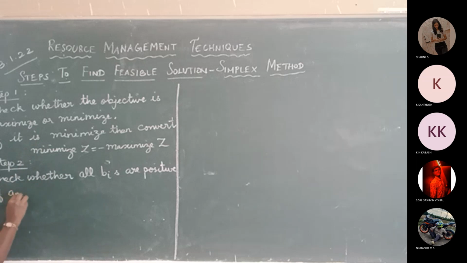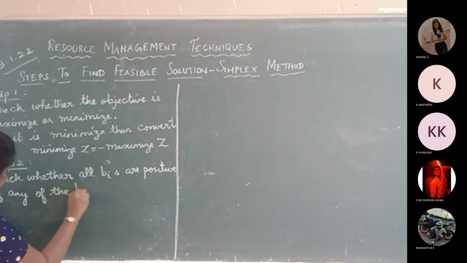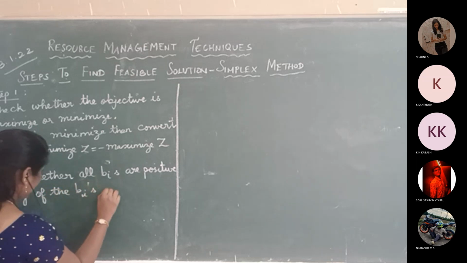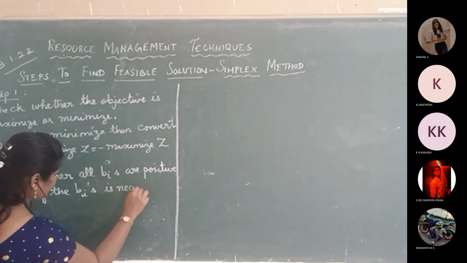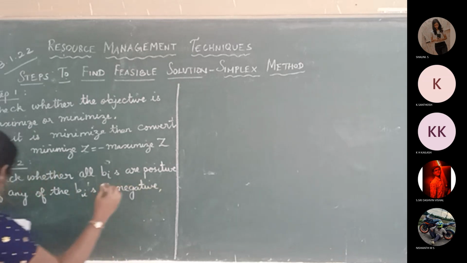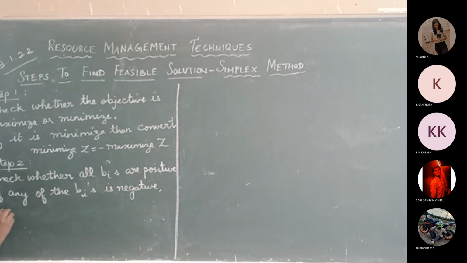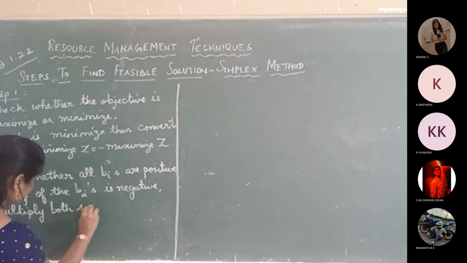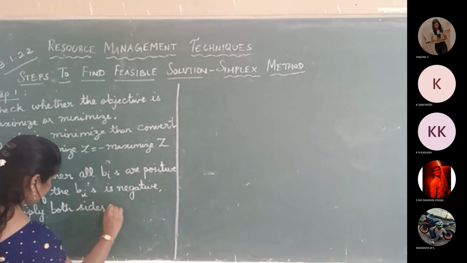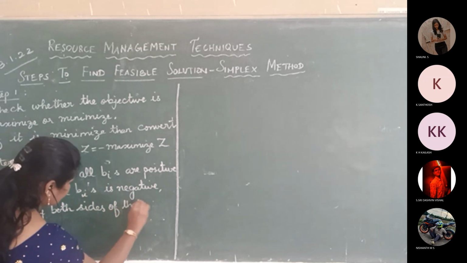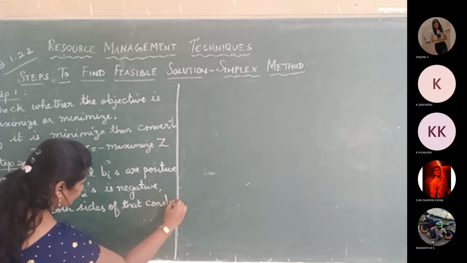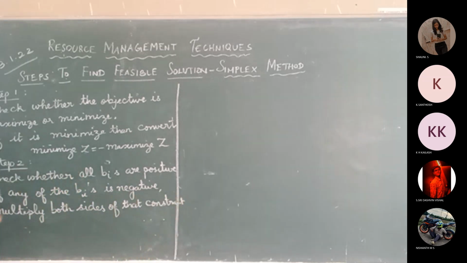If any of the BIs is negative, multiply both sides of that constraint by minus 1.